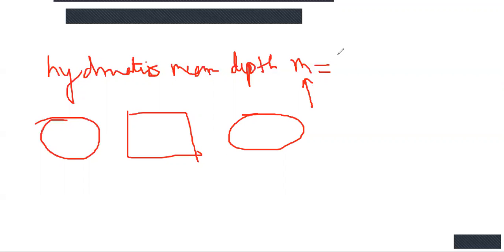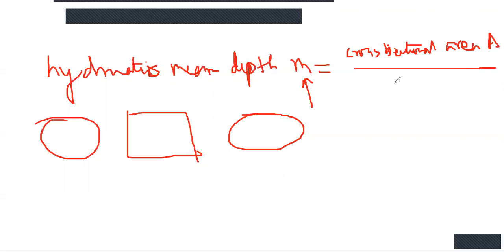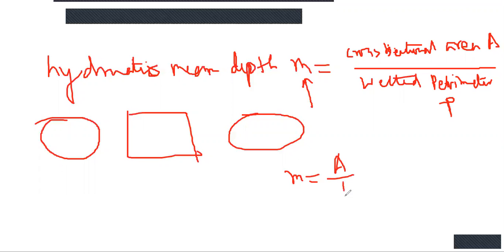M is called the cross-sectional area, capital A, by the wetted perimeter of the duct, that is P. That means M is called A by P.